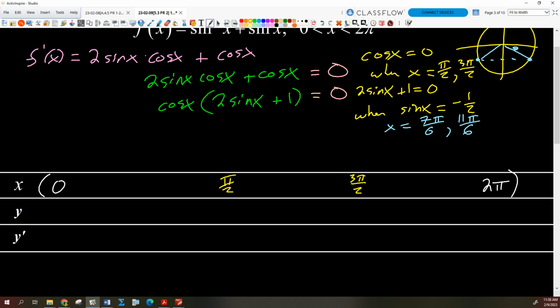And then we've got 7/6 pi. Well, that's pretty close, just a little bigger than pi halves. This may not be completely to scale. It doesn't have to be. I want to make sure I leave myself room for a test point there. Okay. And then up here, we've got 11/6 pi.